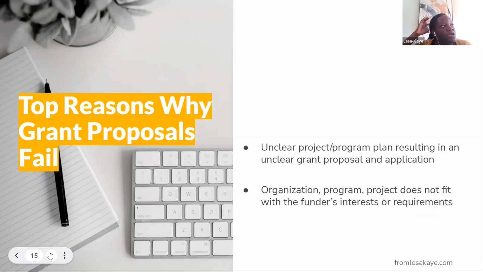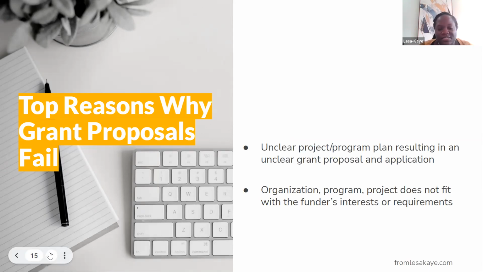Number 2, it's an unclear project or program plan. So what happens? Your grant proposal and application is unclear. An unclear plan for the program or the project that the applicant is seeking funding for means the grant application is unclear.